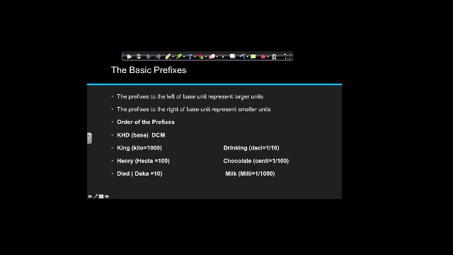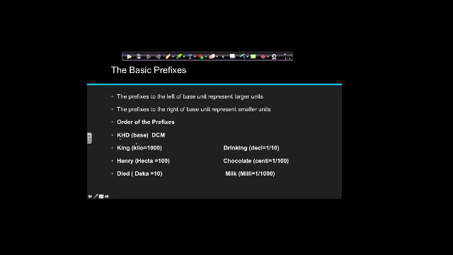Now, what I do to remember how much is what is I look at where the base unit is with respect to the prefix. I look at K. K is kilo, and if I count, it's 1, 2, 3 places away from the base unit.